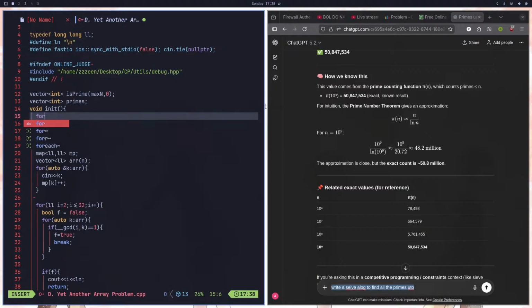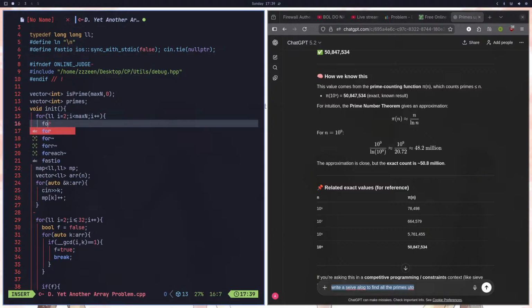कोऑर्डिनेट क्या करेगा? for ll i equal to 2, i less than or equal to max n, i plus plus, for ll j equal to i into i, j less than max n.